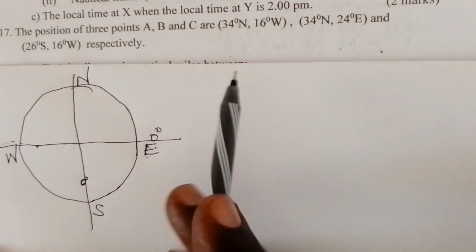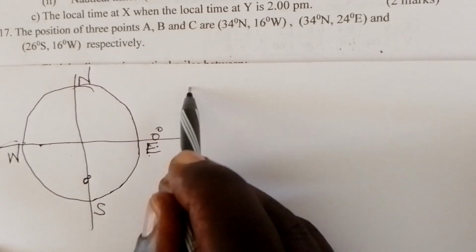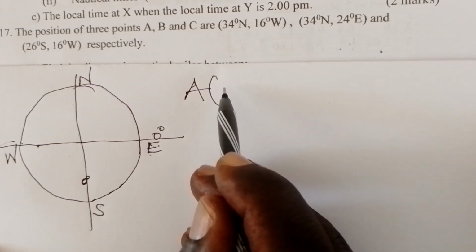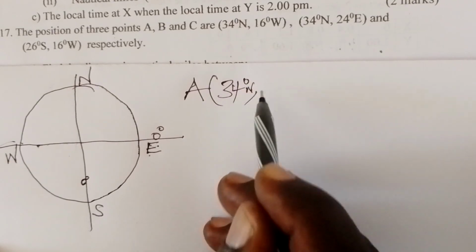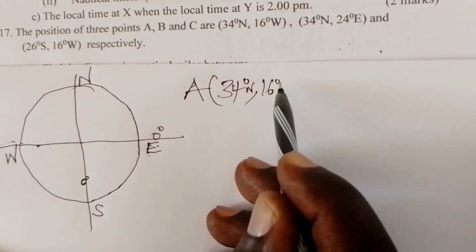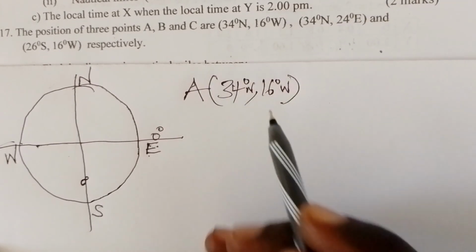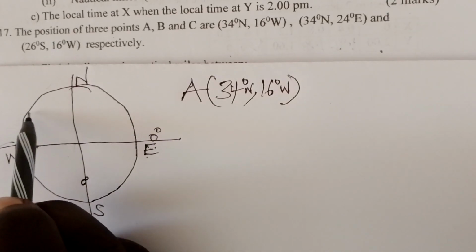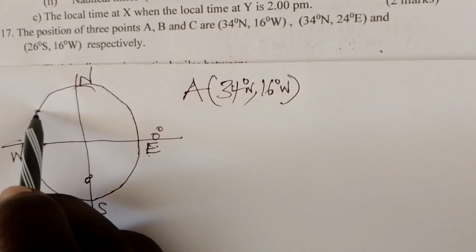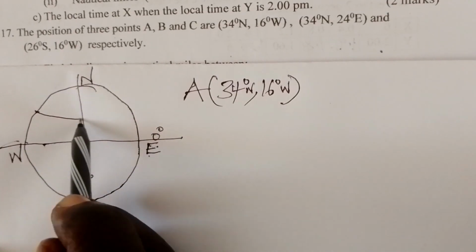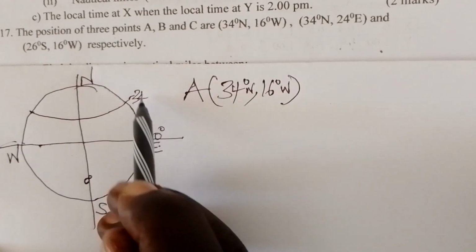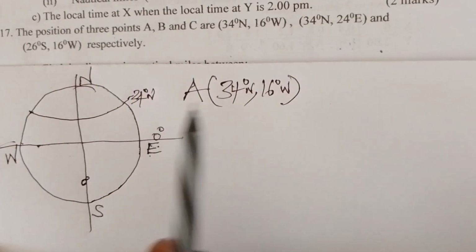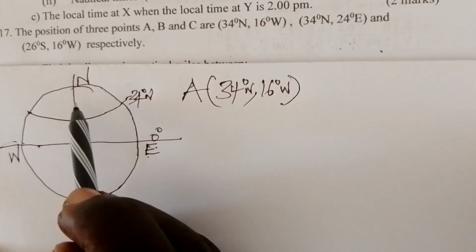So A is a point. A is given by 34 degrees north, 16 degrees west. So we draw a hypothetical latitude, 34 degrees north. We mark this 34 degrees north and 16 degrees west.